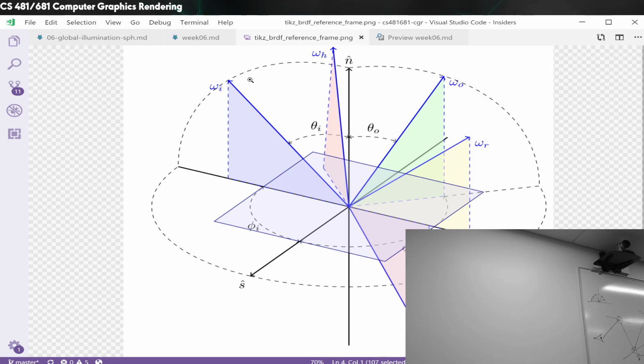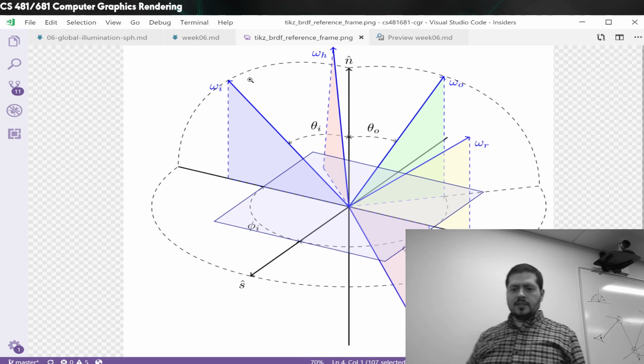And a lot of times when you're talking about specular reflection, that's when these angles really come into play, all right? But it also comes into play with certain kinds of diffuse reflection, which is why we have these other angles, phi I and phi O. We're going to see this when we're talking about the Oren-Nayar model.